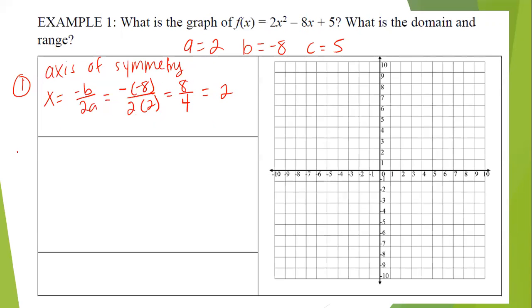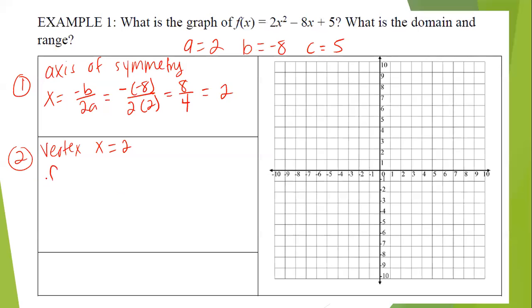Okay. Step 2 is to find our vertex. Because we know that our vertex lies on our axis of symmetry, we know that x equals 2. So the first part of your vertex is your x, and your x equals 2. If you know your x, then you can find your y. Does that make sense?